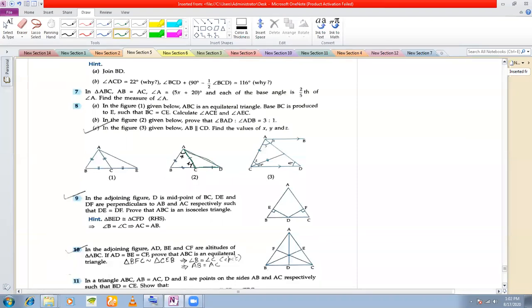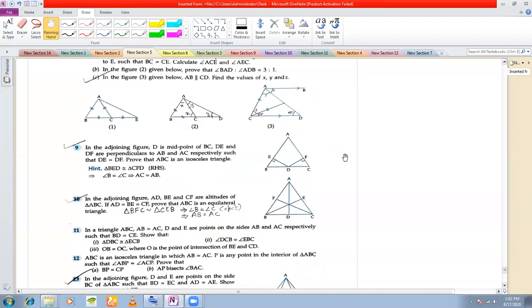This is also an isosceles triangle because these two sides are given to be equal, isn't it? So therefore, I can take this to be y and this to be y, right? So angle BAD is to angle ADB.